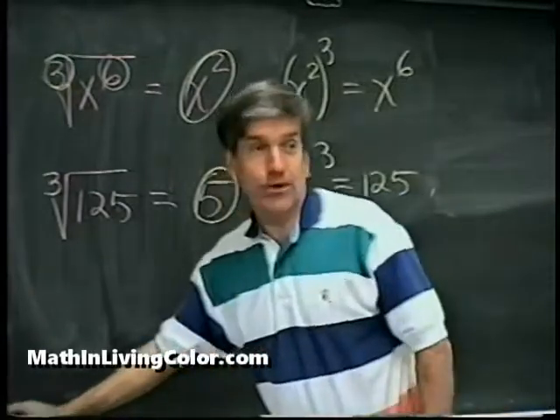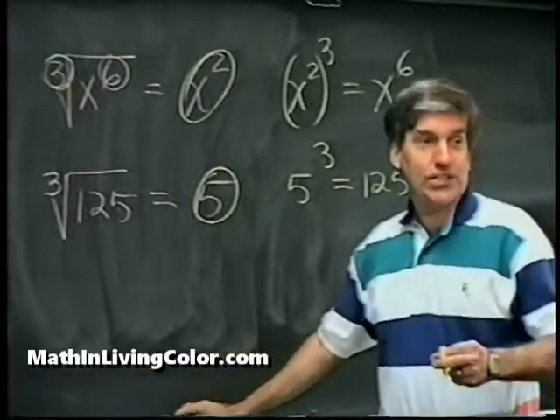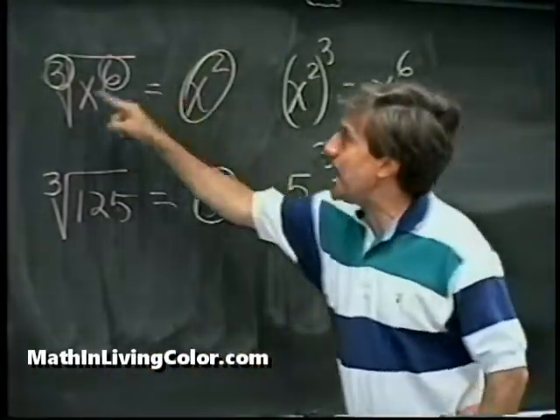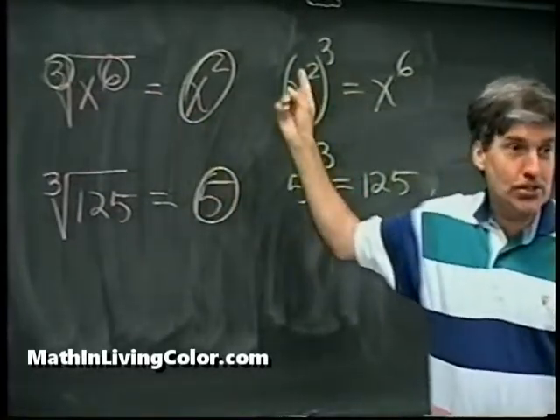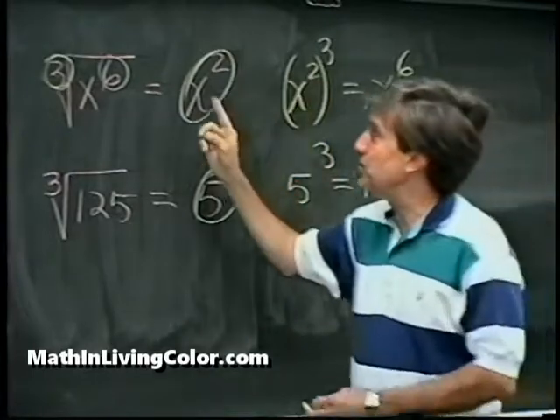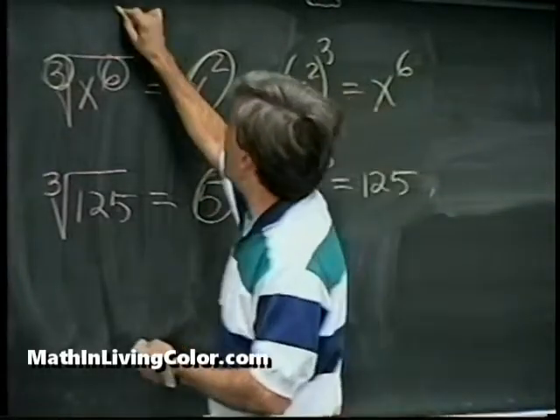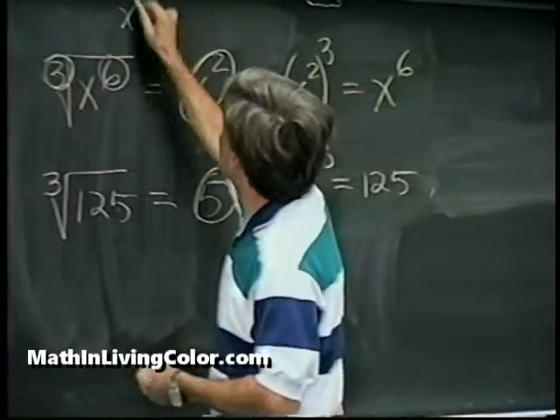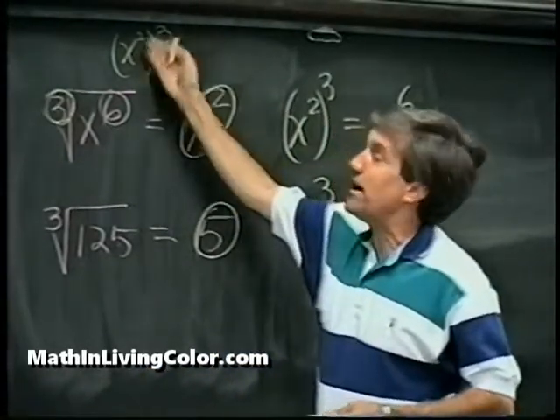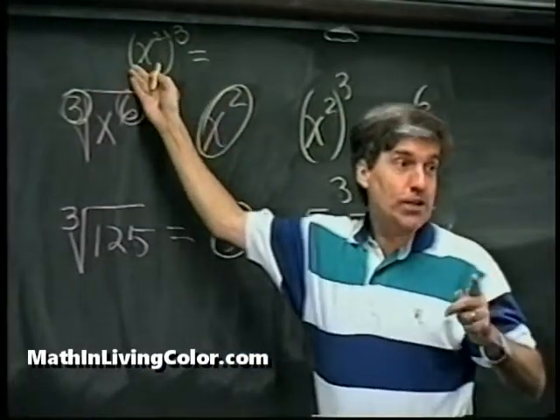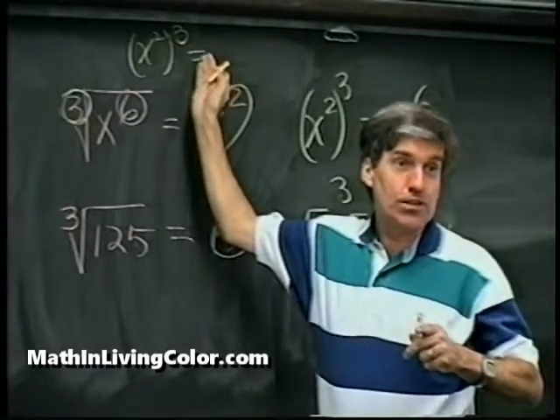You divide, right? Now, remember what I said, that a root is the opposite of raising to a power. A root is the opposite of raising to a power. And you remember this rule that we had, if you had x to the 2nd raised to the third power, what's the rule when you have a power raised to a power? The law of exponents. You multiply exponents, don't you?